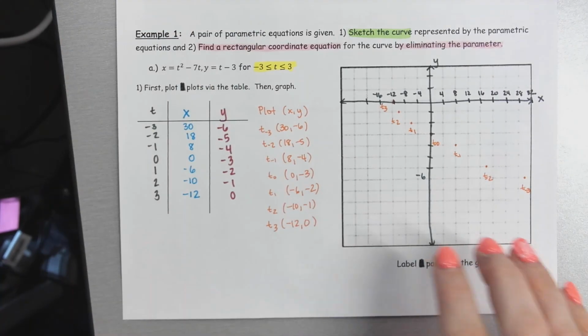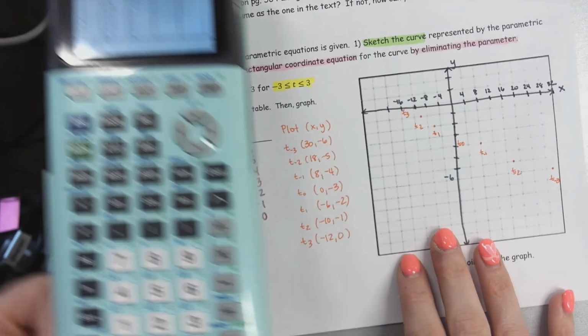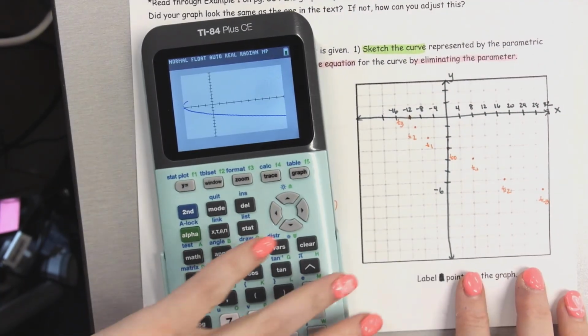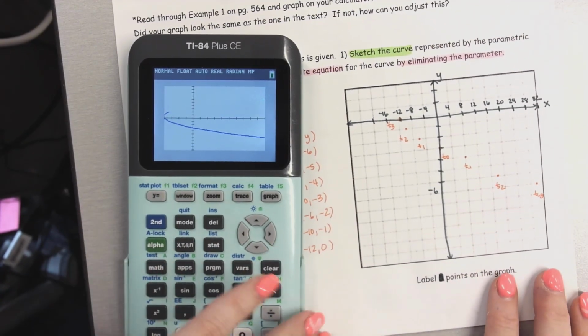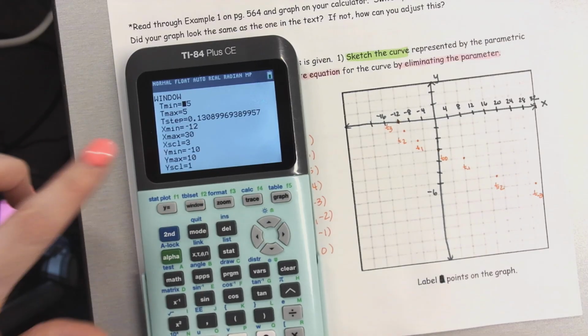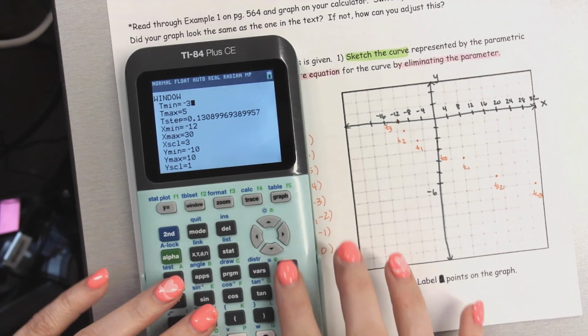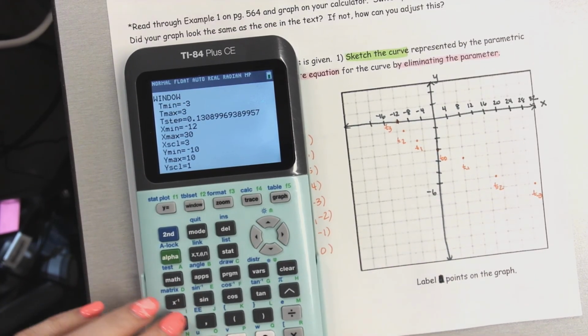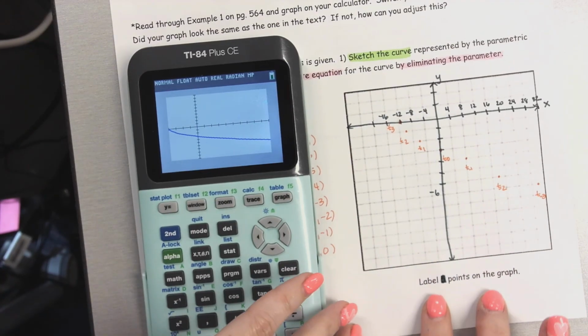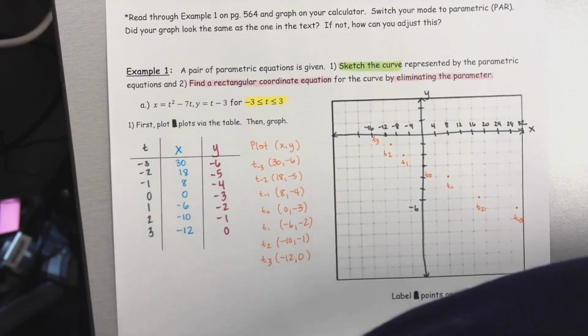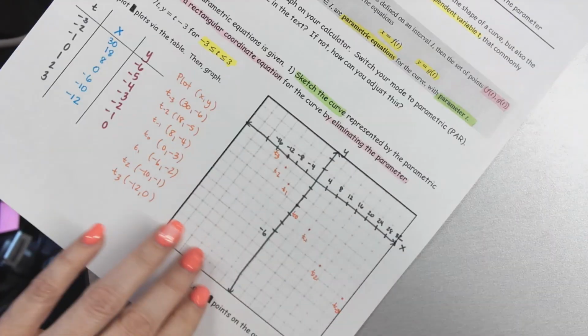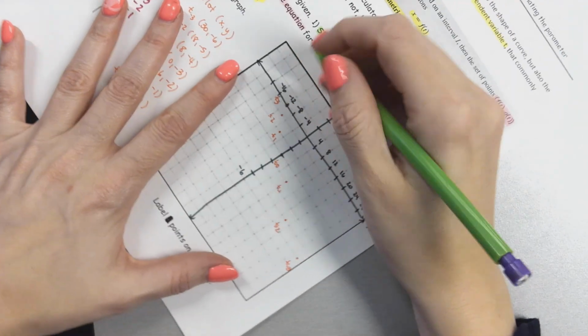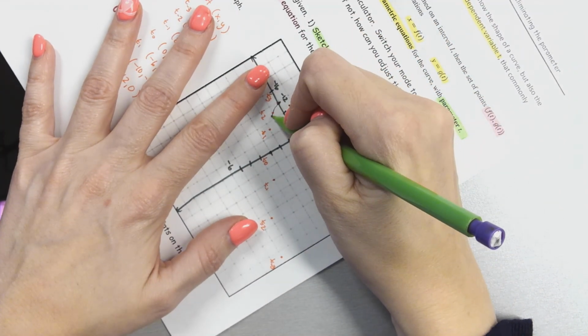Okay, and then when you graph them, you can see that you are going to connect them with a curve here. Okay, and then your window, again, if you want it to match what you have from -3 to 3, okay, it will show you that curve. And then just like we saw on the opening slide today, we're going to add those arrows.